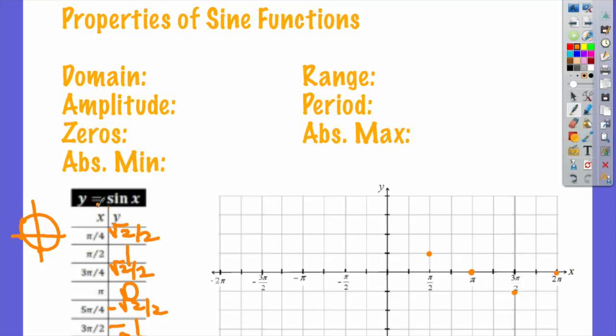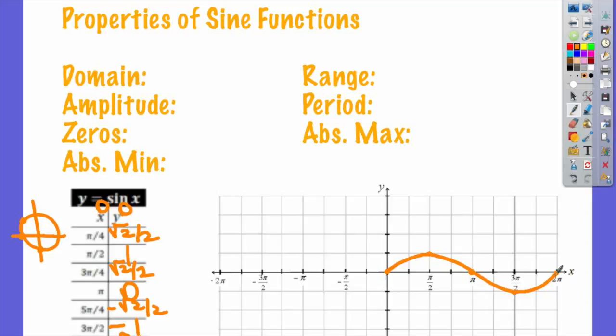What's the sine of 0? 0. So there we go. Let's connect these points and make a smooth curve. Don't make V's now. Try to make a smooth curve to connect all those points together. And that, ladies and gentlemen, is the graph of sine.